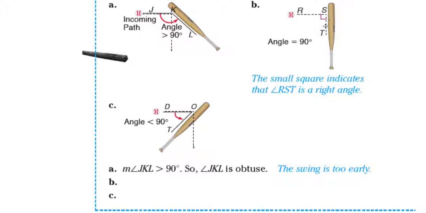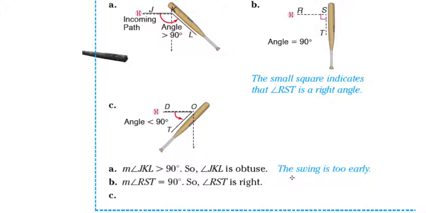In letter B, it's exactly 90 degrees. The small square indicates that angle RST is a right angle. So if you see that small square, it indicates that it is a right angle. So the measure of angle RST is 90 degrees. So RST is right.